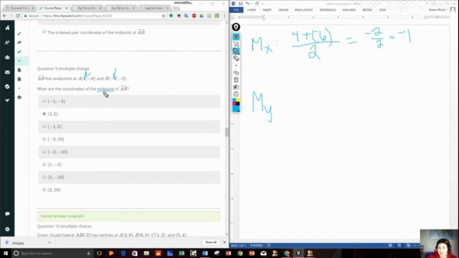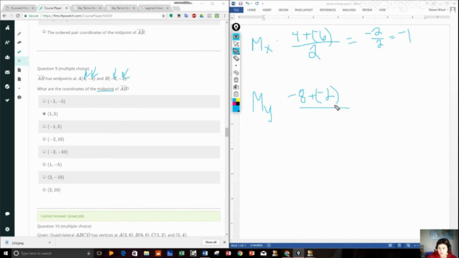So that's our x coordinate for our midpoint. For the midpoint y coordinate, I remember just finding the average, which is you add up everything you have and you divide it by how many you have. So I'm going to add up all of the y coordinates, so -8 plus -2, and how many did I have?